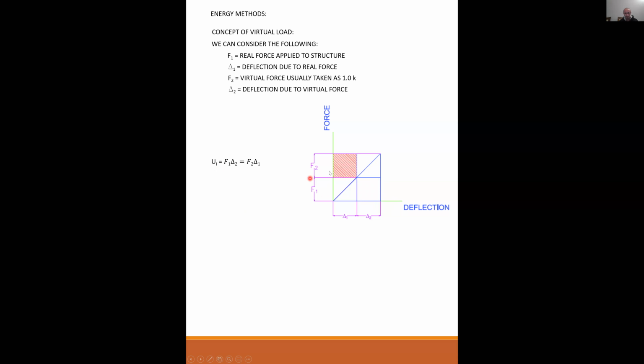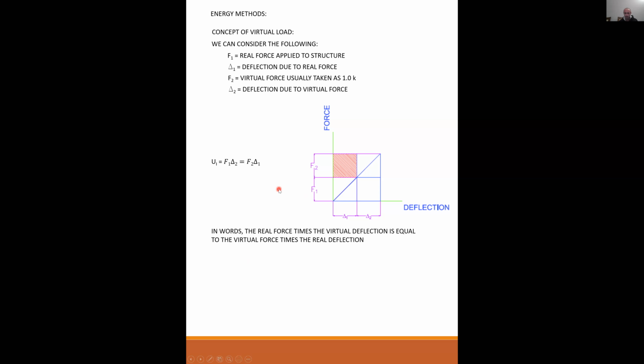But this square is equal to this square. They have the same area. So that is to say that the real force times the imaginary deflection is equal to the virtual force times the real deflection.